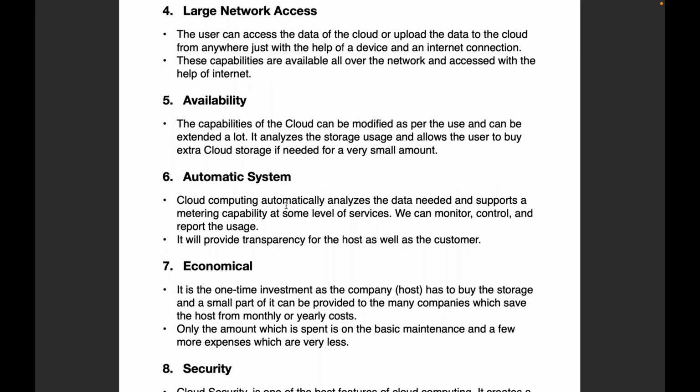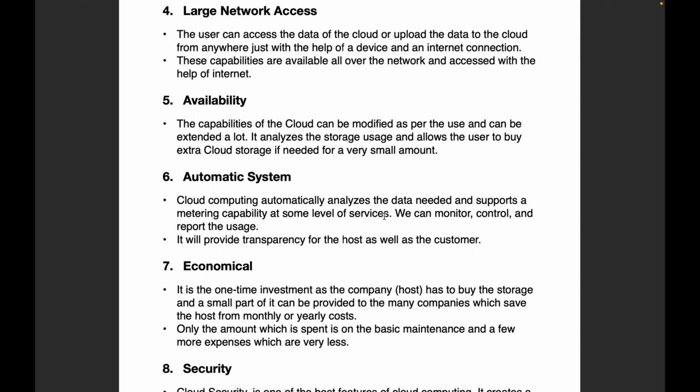And most important, the charge for that piece of work is also transparent. For that storage, it will be increased from 100 to 200 or 200 to 300. The charges will be transparent to the customer as well as to the host. And the most important thing is we can monitor all the time.